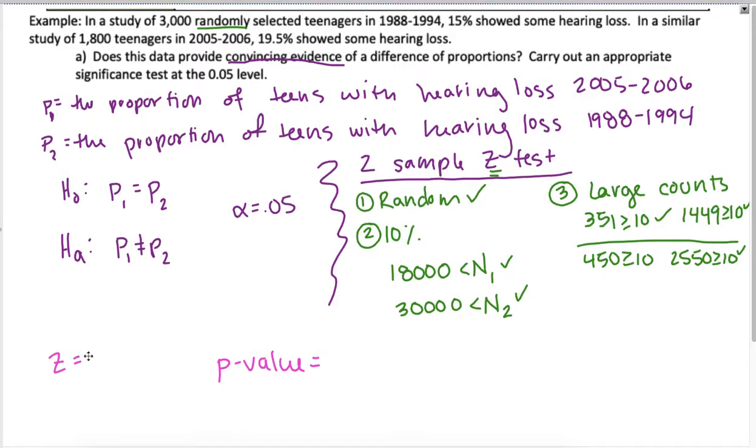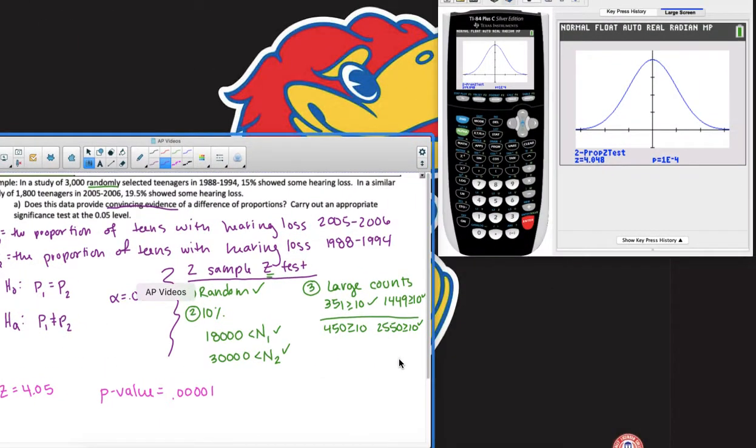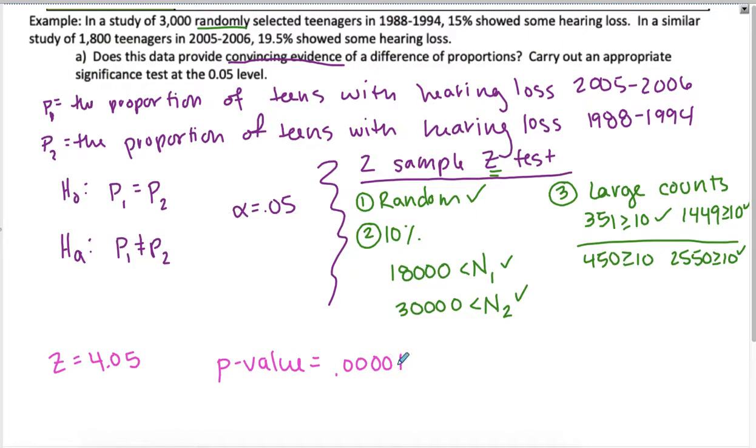So this is about 4 points, what was it, 0.04, so 0.05 there, with a p-value of 0.00001, I think is what it's saying there, 1 e to the negative 4. I think I have one too many zeros. Move it over one more. Because that would be 1, 2, 3, 4. There we go. All right, this is a small probability.